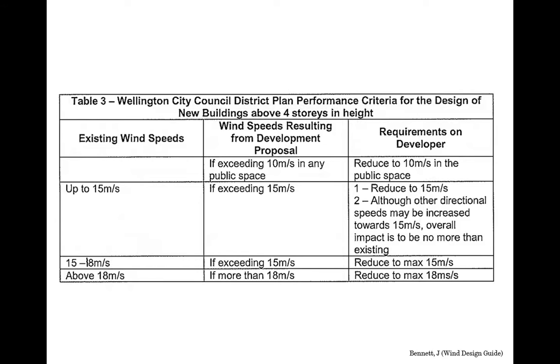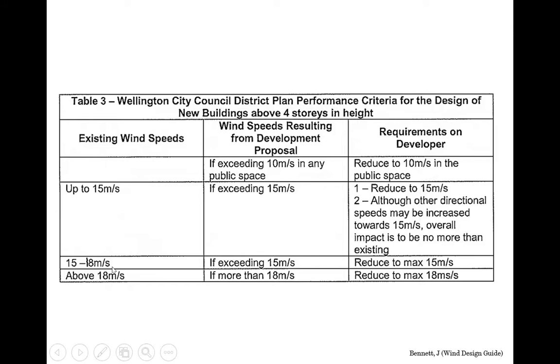So in other words, if you're experiencing winds above 15 metres per second, then your design must not make that worse, because that's quite high wind velocity. And as a designer there, you would have to make sure that your design limited to 15 metres per second.